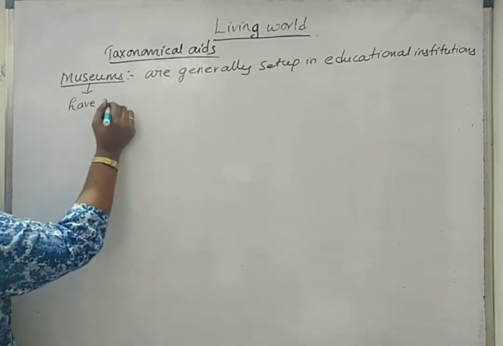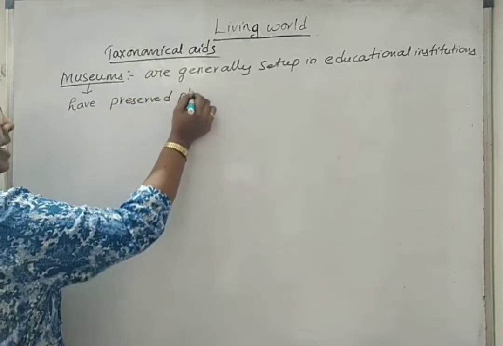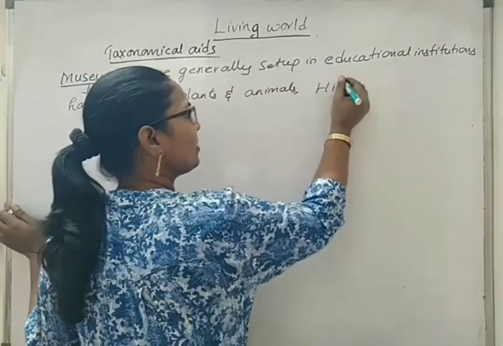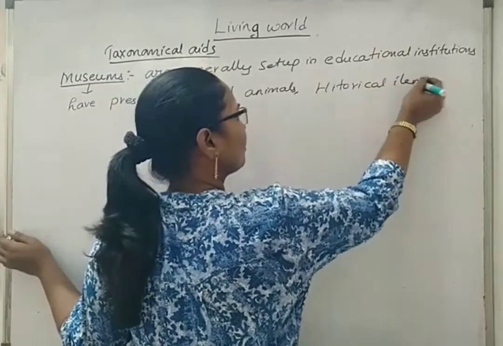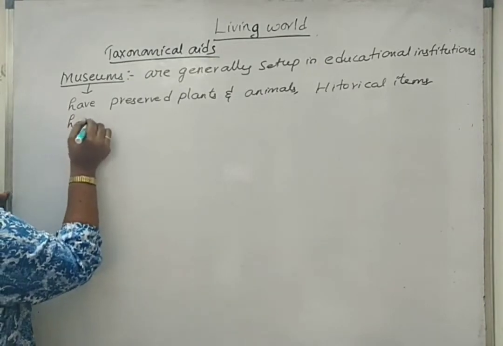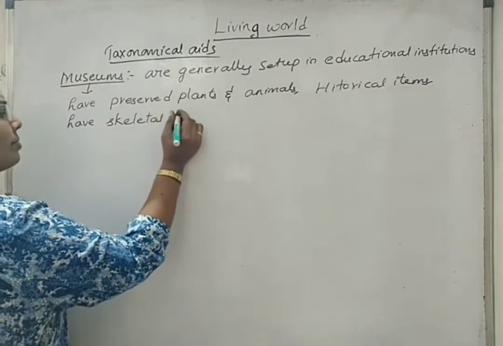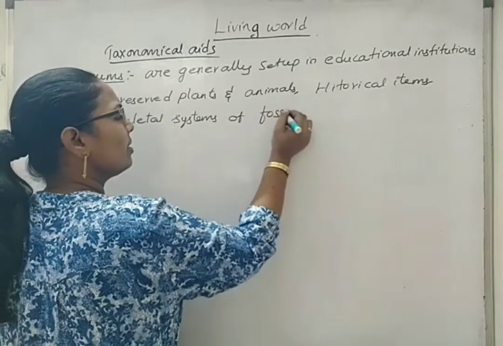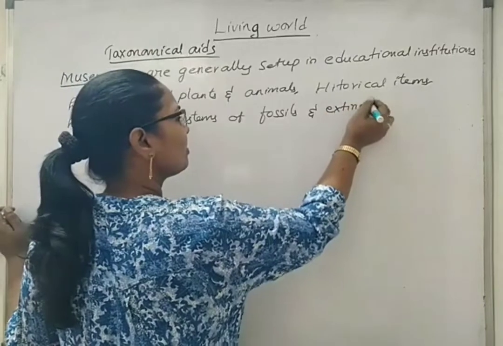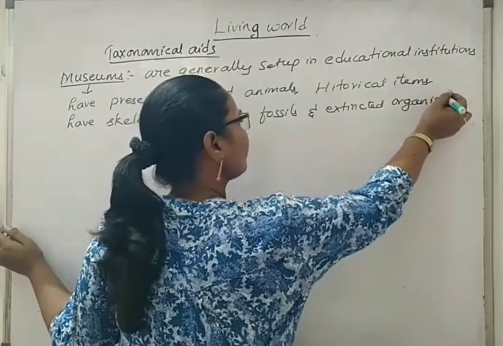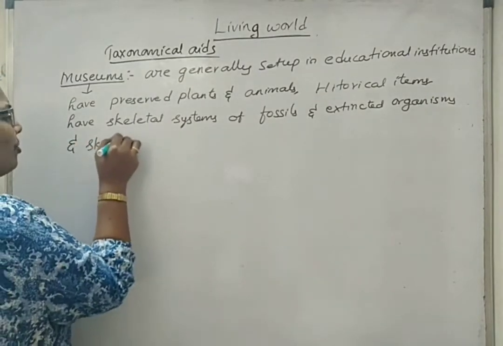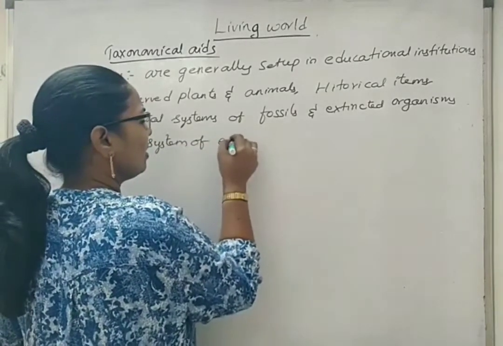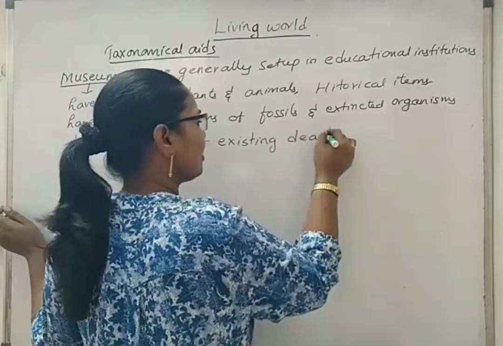Museums have preserved plants and animals, museums have historical items, museums have skeletal systems of fossils and extinct organisms, and skeletal systems of existing dead organisms also.